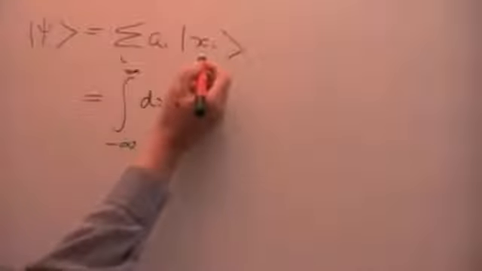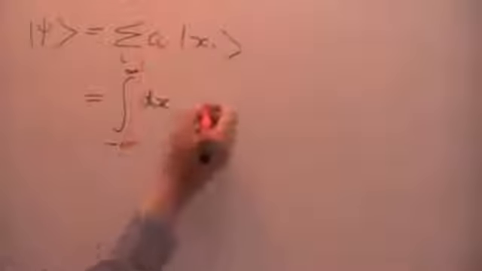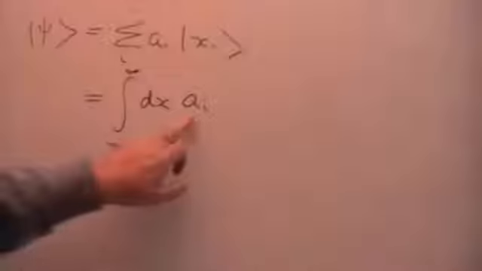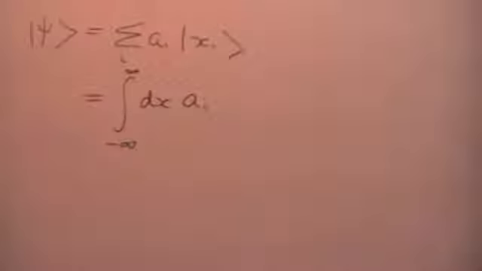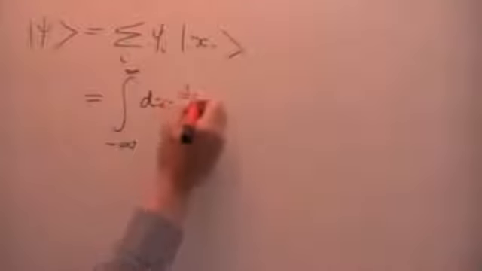It was along the x-axis, so this dx essentially replaces the discrete basis vectors, and now you simply take a_i. So you integrate for all values of a_i, which I can also change to psi_i, if I want to call the probability amplitudes psi_i.